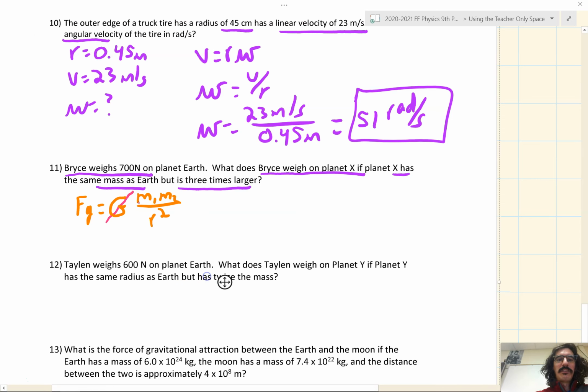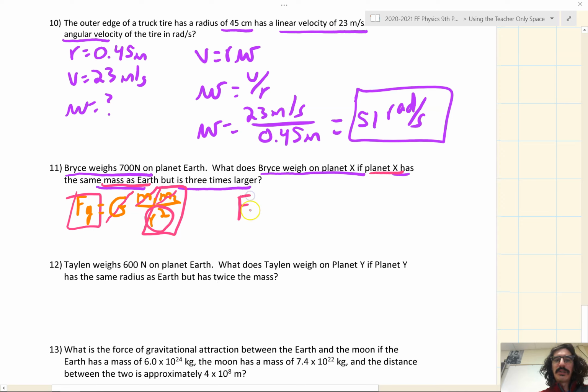The mass of Bryce stays the same. So what we're looking at is what is the relationship between the weight of Bryce when the mass of the planet or the distance between the center to the surface of the planet changes. So in this case, planet X has the same mass as Earth, which means we don't care about its mass because it doesn't affect the problem, but it's 3 times larger.